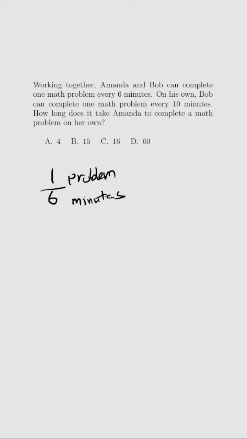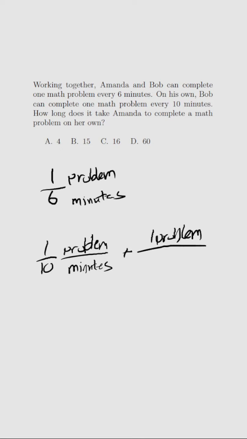And so technically, if Amanda and Bob work together, we should be adding their rates. So if it takes Bob 10 minutes, his rate is like this, one problem every 10 minutes. So we get a fraction 1 over 10. We're trying to add Amanda. She does one problem in x minutes.